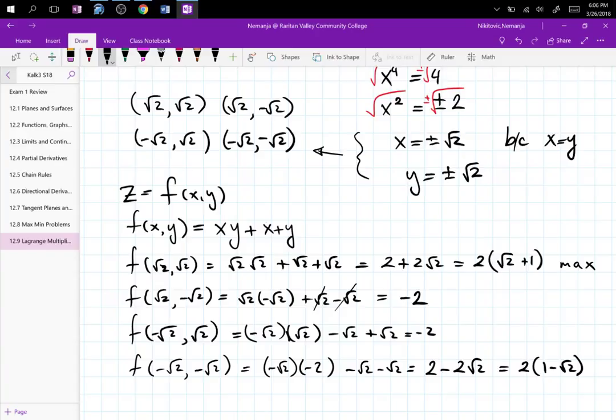Now, in business, in engineering, you have constraints. It's not just a min and a max. You have to compute a min and a max subject to some constraint. So you want to maximize the profit, but let's not kill the population.